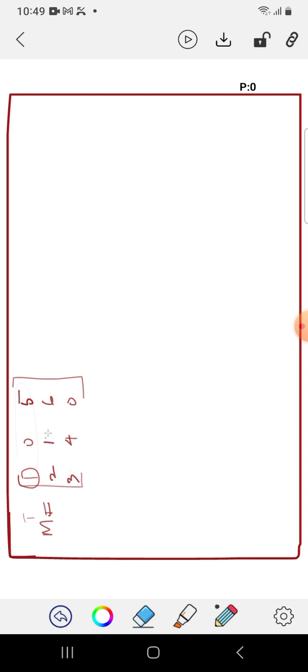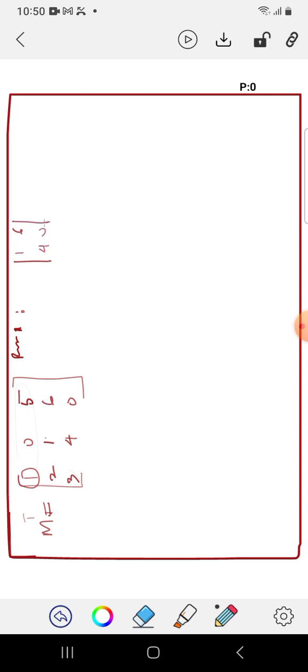So you have 1, 6, 4, 0. So for 1, it's going to be the determinant of 1, 6, 4, 0.